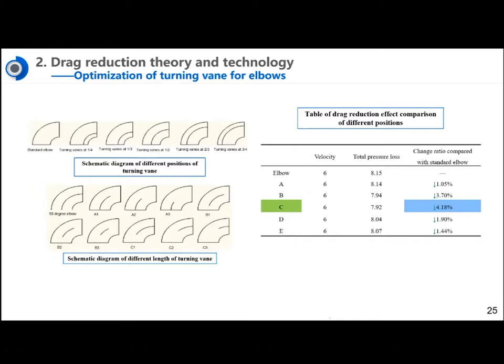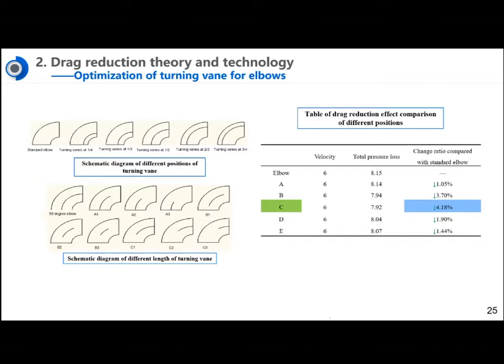Then here we can optimize the airballs by inserting different turning wings.